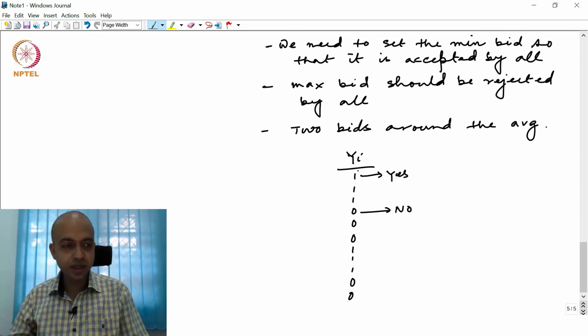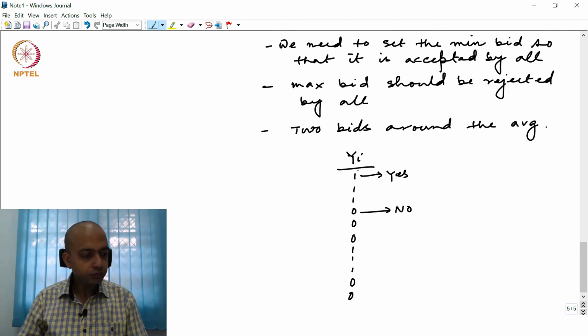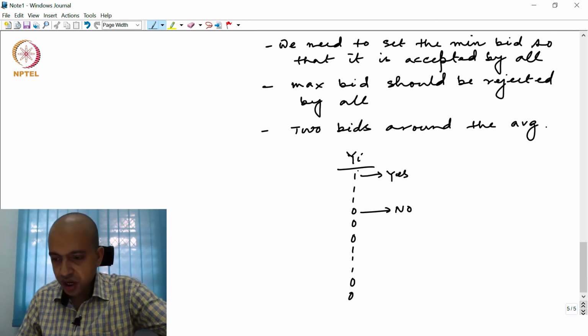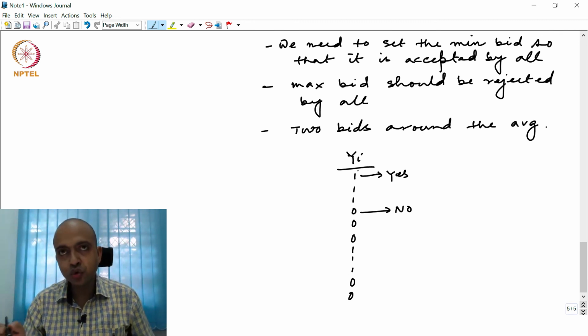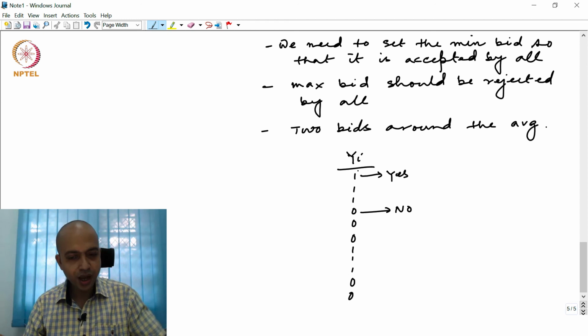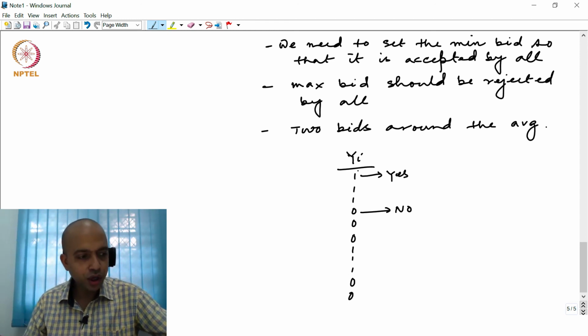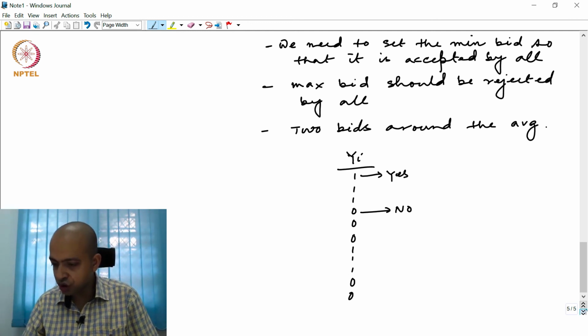When you are estimating the average bid value. So this is how we need to go and ask the individuals about their willingness to pay. Now we'll discuss in detail the estimation procedure.